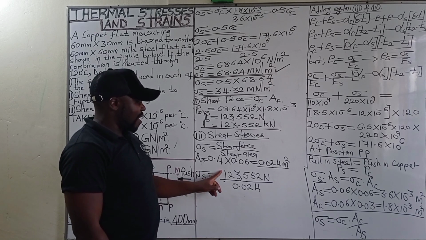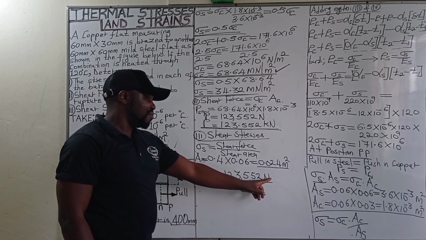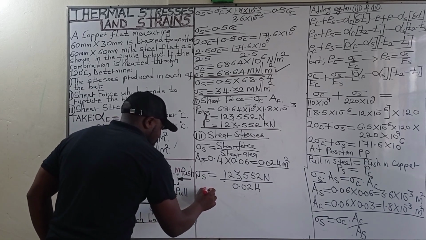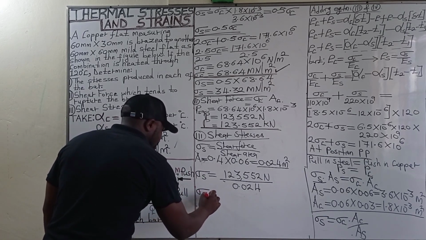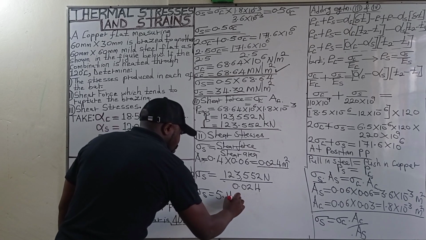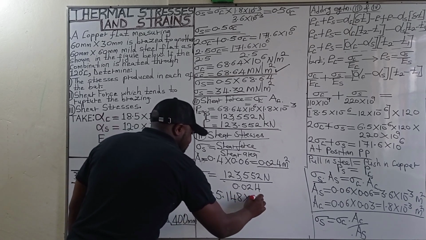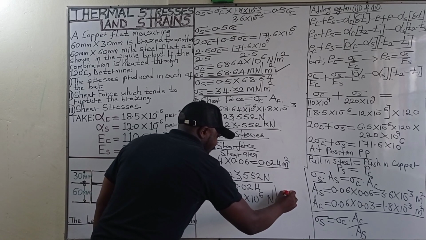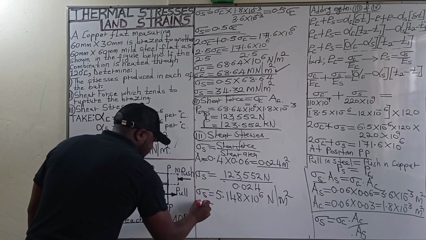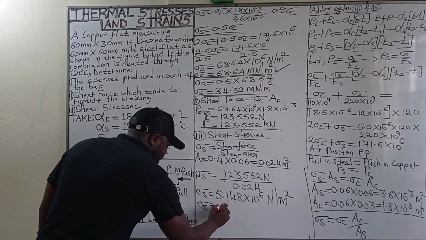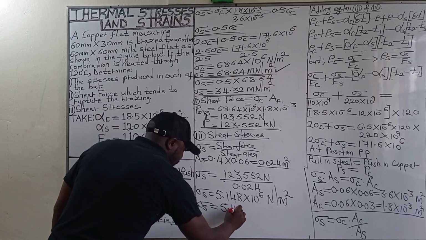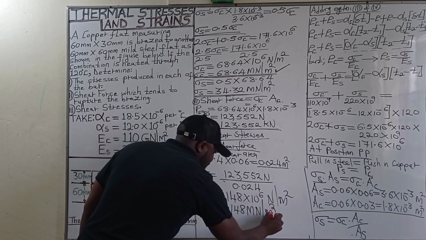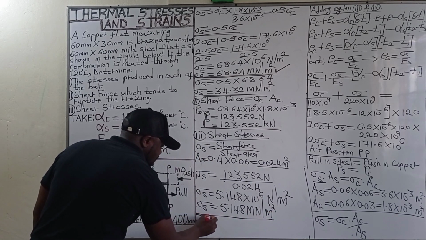So when you divide 123,552 newtons by the shear area of 0.024, that is going to give us a shear stress of 5.148 times 10 raised to the power of 6 newtons per square meter. And this can also be written as 5.148 mega newtons per square meter. Therefore, that is the shear stress.